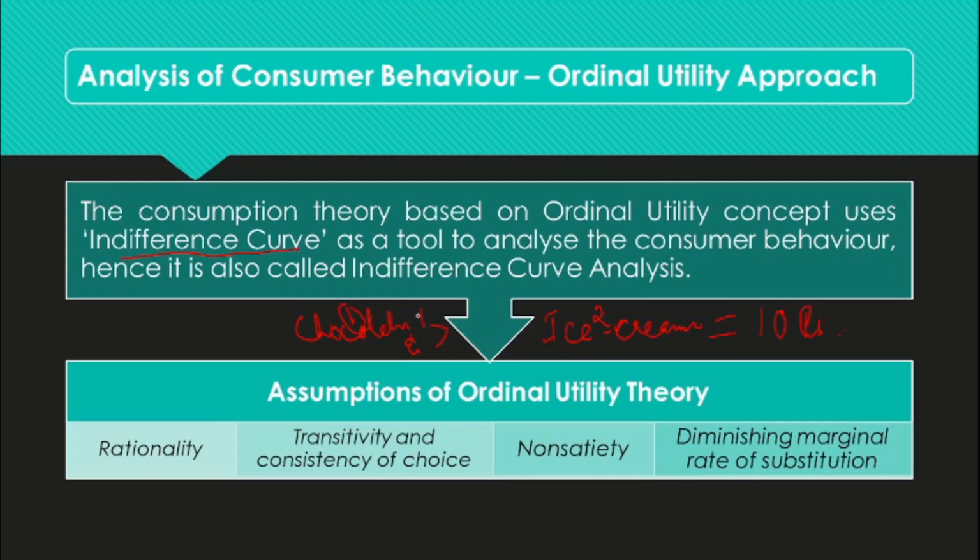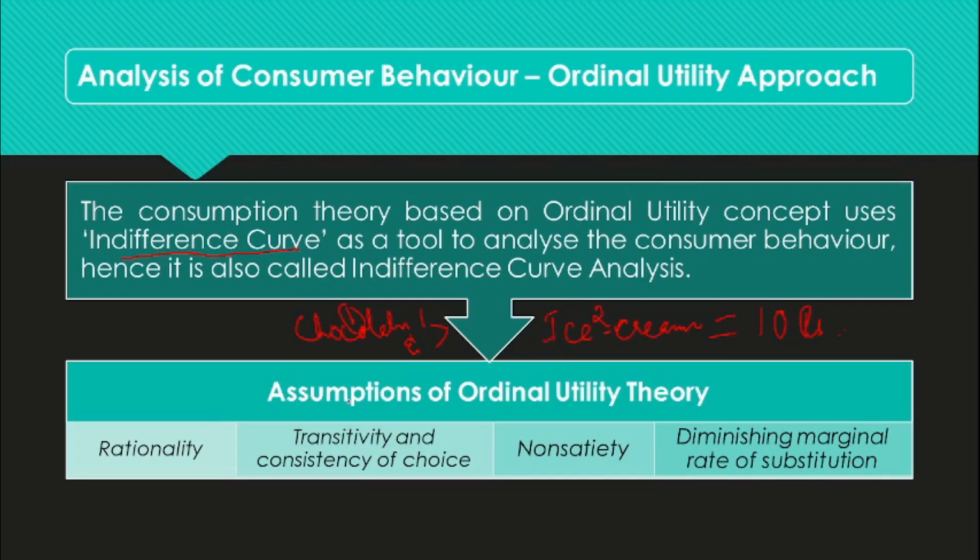Once he is satisfied with consuming chocolate, it may be at 5 units, 4 units or 6 units, then he will switch to ice cream, because that is the second best choice that he wants to use. This is basically the concept that the ordinal utility approach utilizes.